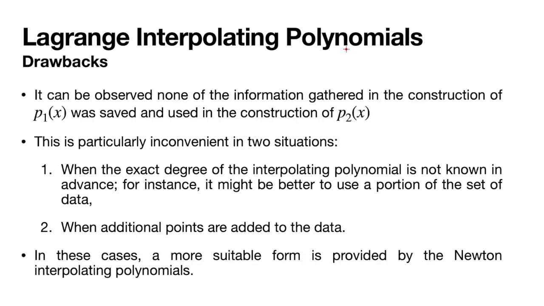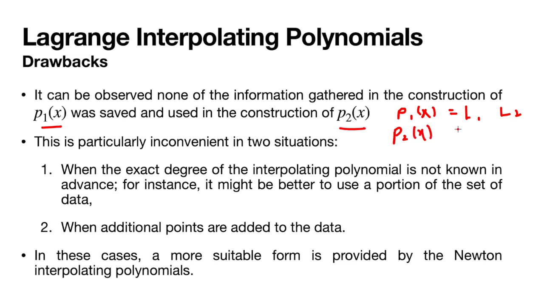There are also some drawbacks of the Lagrange interpolating polynomials. It can be observed that none of the information gathered in the construction of P1 was saved and used in the construction of P2. You have seen that for the first degree Lagrange polynomial, P1(x), the formulas for L1 and L2 are different from the formulas for the second degree Lagrange polynomial.